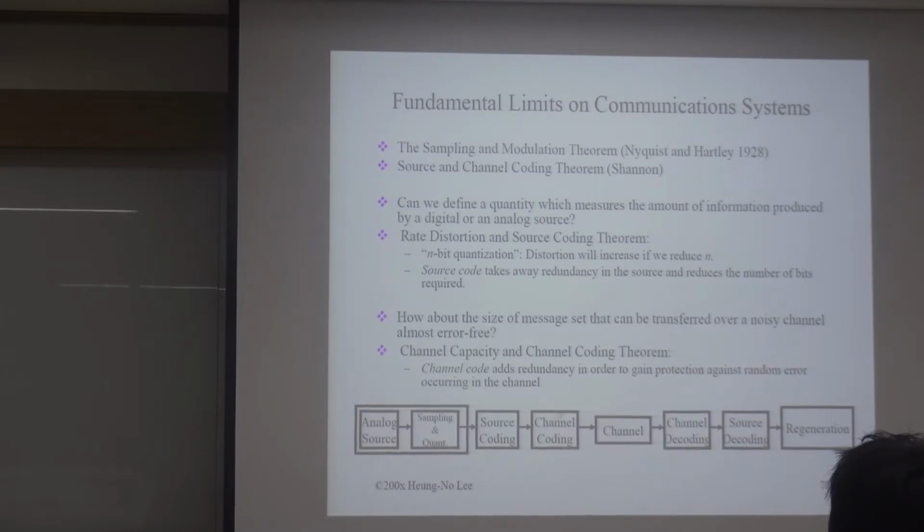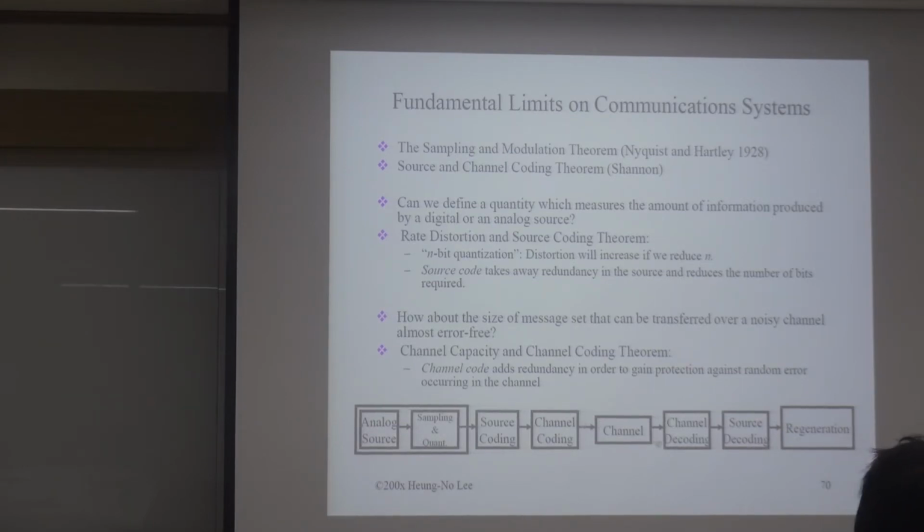And when it comes to channel coding, you again add redundancies. If you add, let's say, half the redundancy, then the amount of bits is increased by twice. So this becomes 3,000 bits per second again.